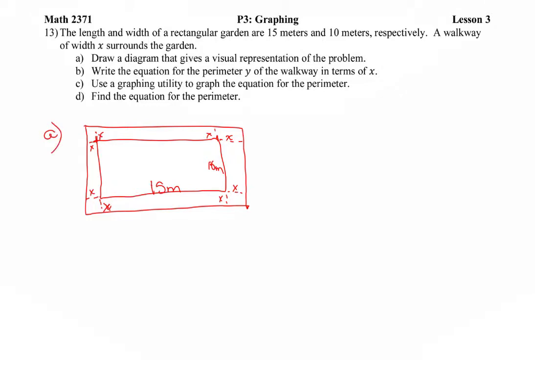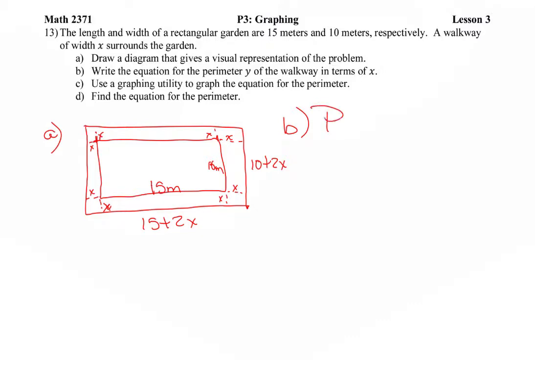Okay, so part A is to draw a diagram. Part B says to write an equation for the perimeter, y in terms of x. So if I have this outside is going to be 15 plus 2x, and this length is going to be 10 plus 2x.